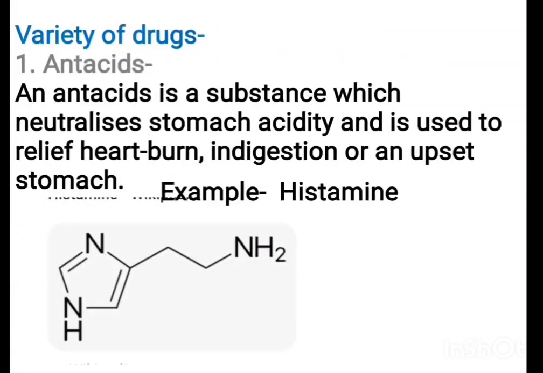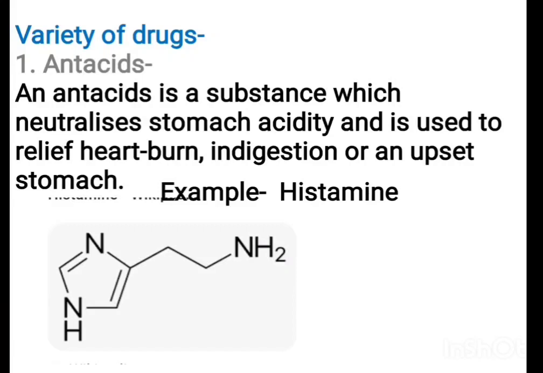First one, antacid. An antacid is a substance which neutralizes stomach acidity. When we eat many foods which are not good for our health and which produce extreme stomach acidity, in that case we have to use some antacid, and this antacid neutralizes the stomach acidity and is used to relieve heartburn, indigestion, or an upset stomach.